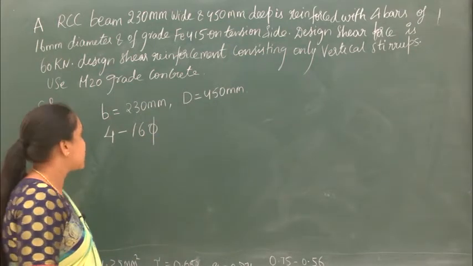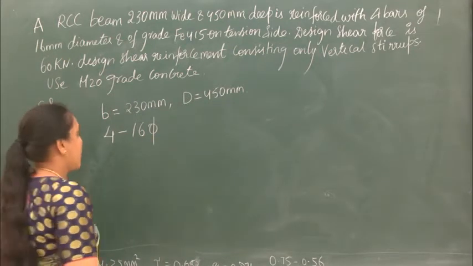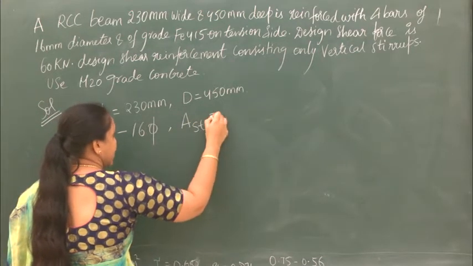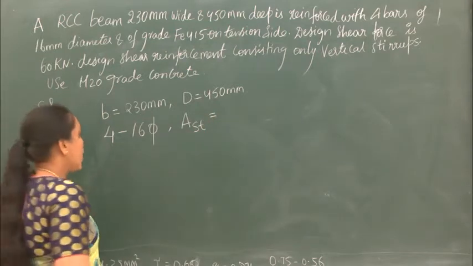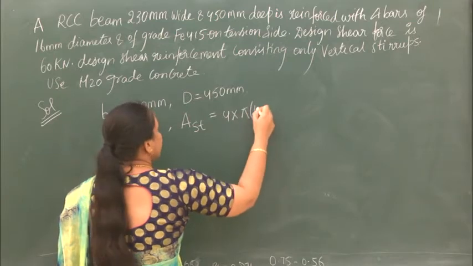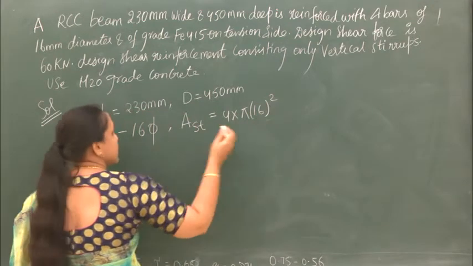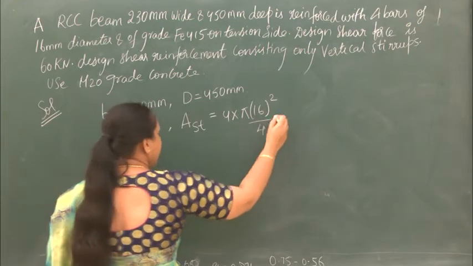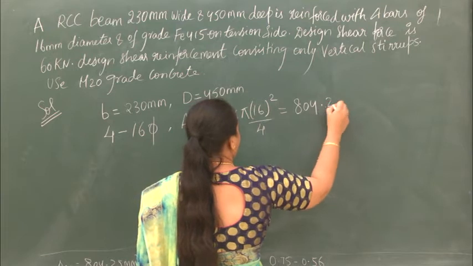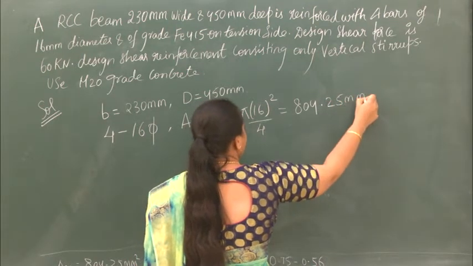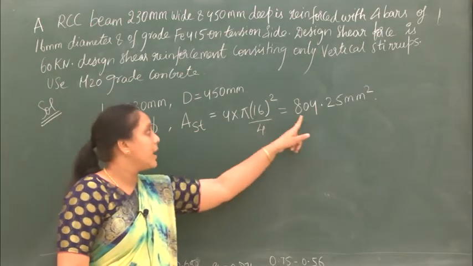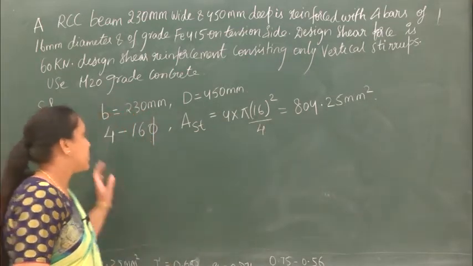From this we can find the area of steel, Ast, which is 4 into pi d square by 4, with d equal to 16. If you solve this, you will get a value of 804.25 mm square.